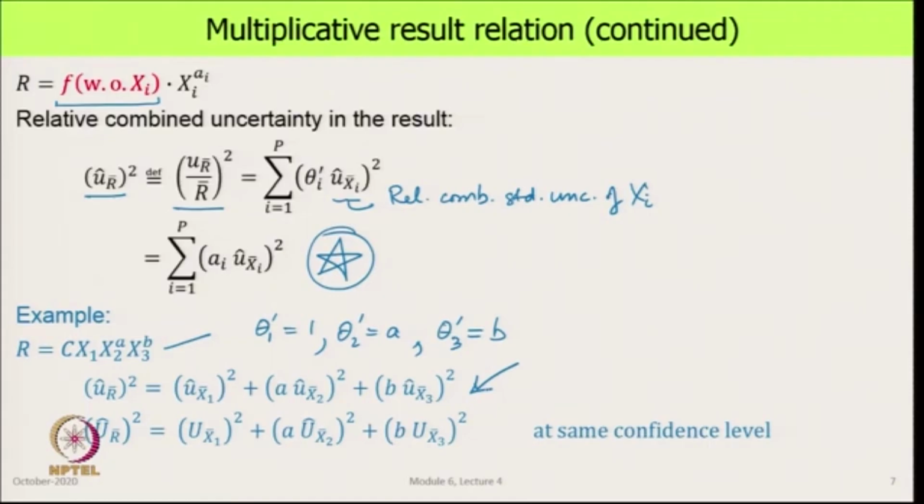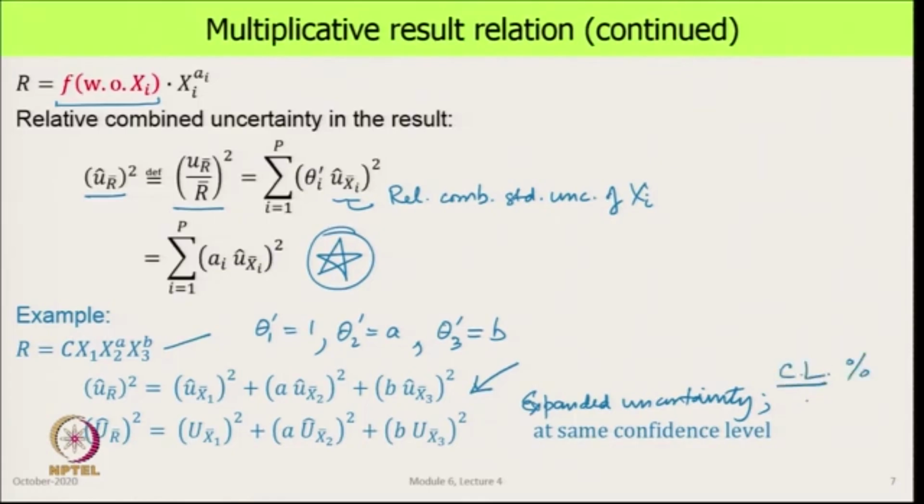Then we can extend this result to the expanded uncertainty. So, this is the expanded relative uncertainty in the result. Note that when we talk of expanded uncertainty, it is essential that we define the confidence level.